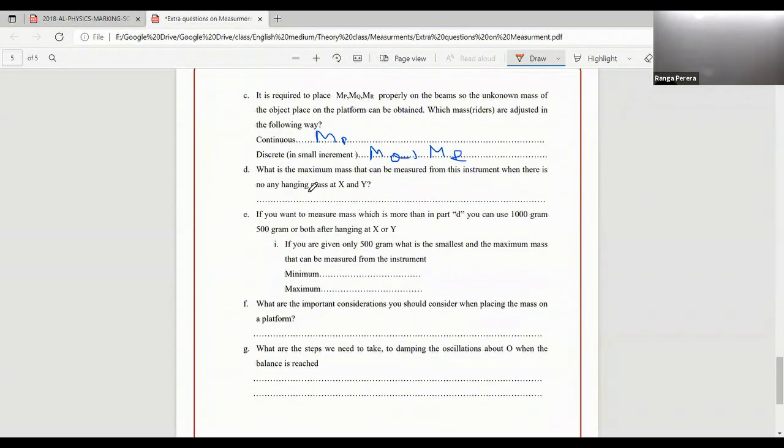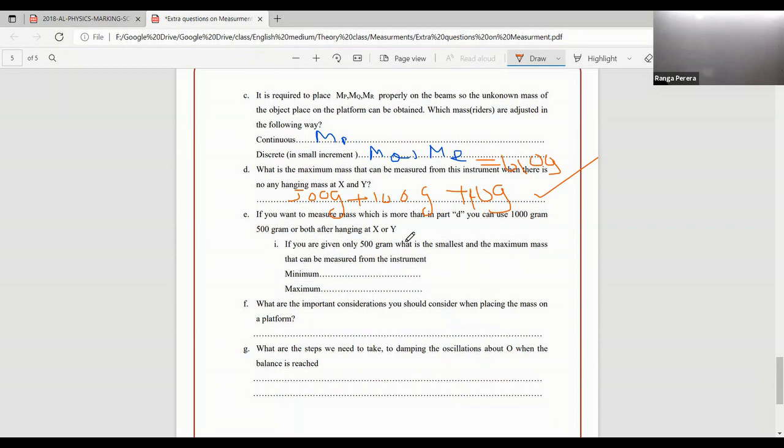So you better write it like this. At a later stage you can also understand that 10 gram in the second beam plus 10 gram in the third beam. So altogether how much? 610 gram. You can measure 610 gram without any mass.